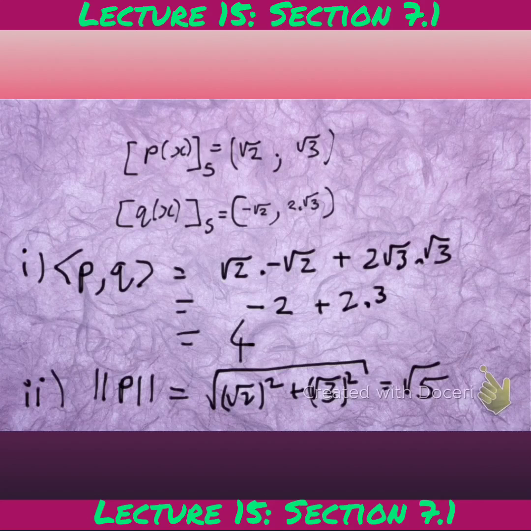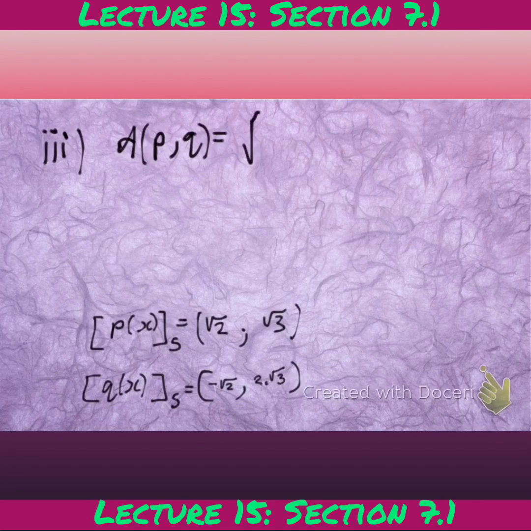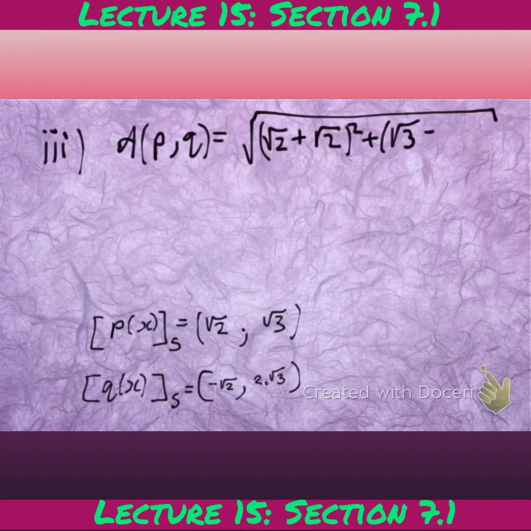And then the distance between P and Q is going to be the square root of, 2 minus the square root of 2, plus the square root of 3 minus 2 times the square root of 3, everything squared.